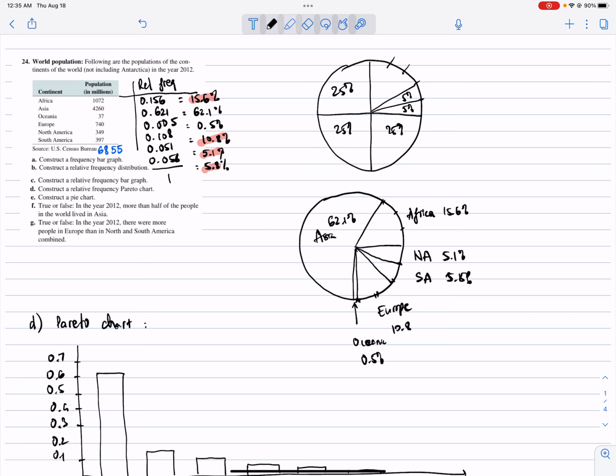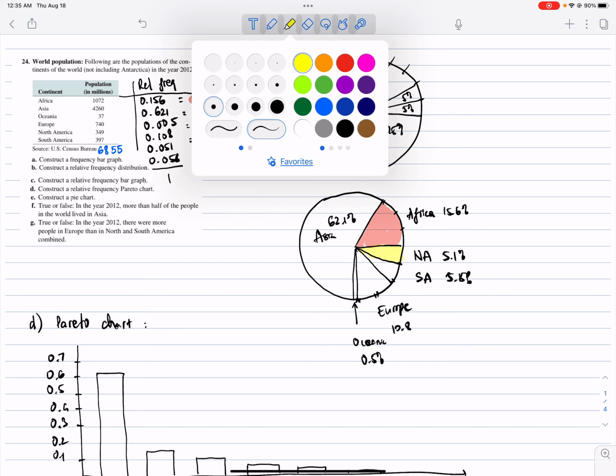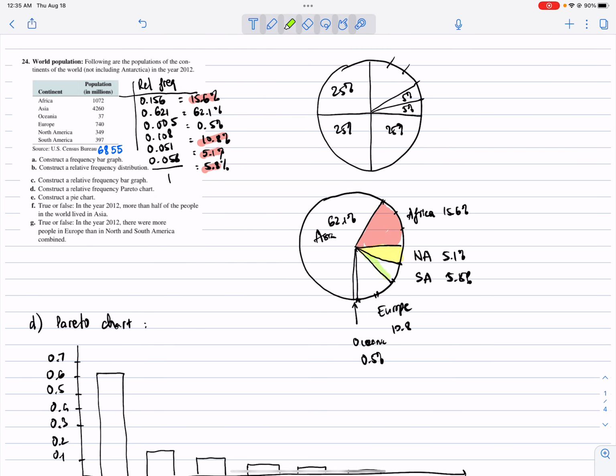Okay, and then if you want, you can color it to make it more fancy. You already labeled, and then you can color with different colors.